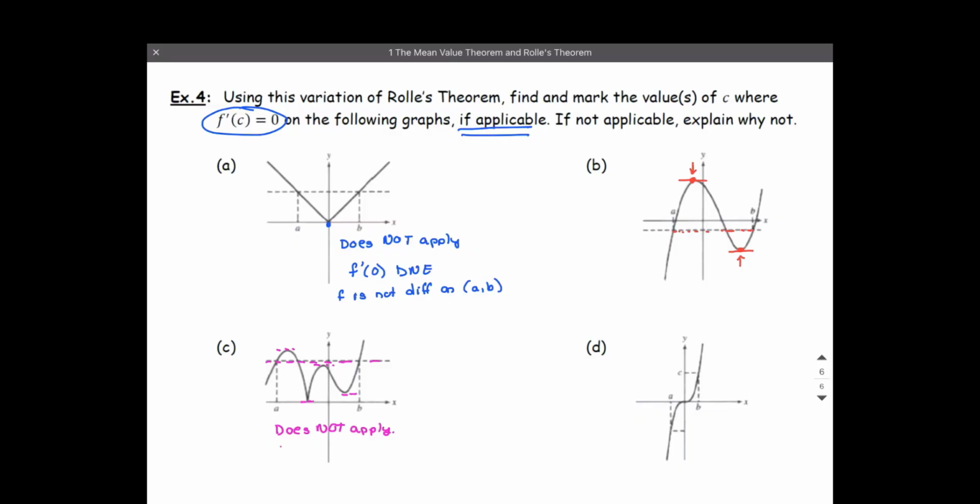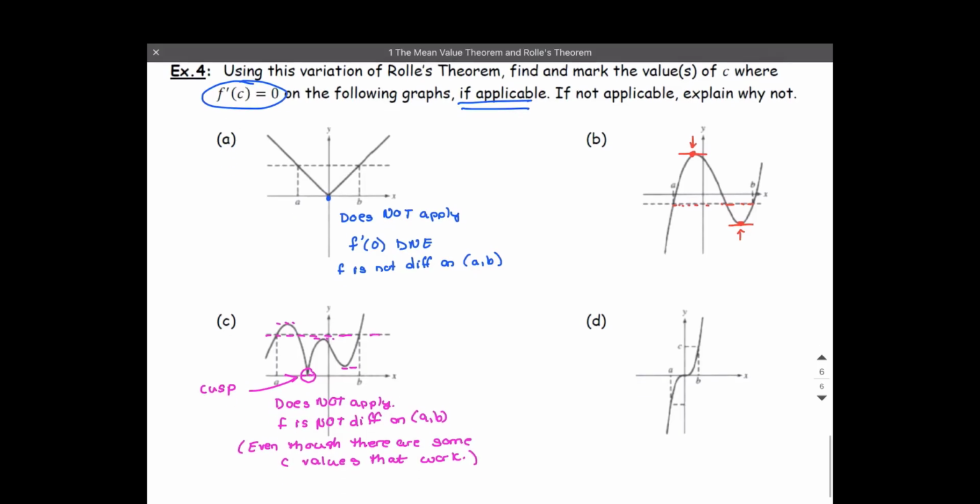Our function is not differentiable on the open interval from A to B. Right here, there's a cusp. That's what we call a cusp, and it's not differentiable. Even though you see there are some c's there that work, it doesn't matter, the theorem doesn't apply.